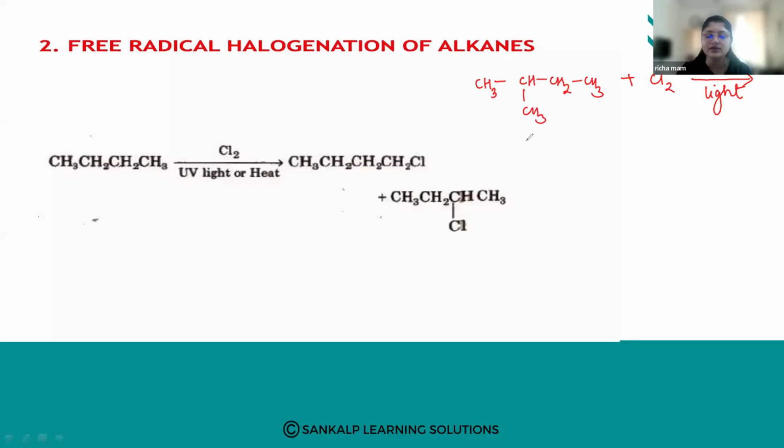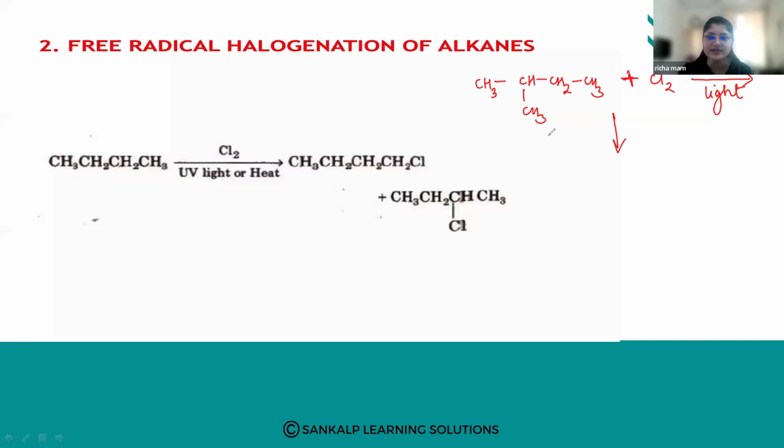First of all, is the structure symmetrical? Symmetrical means if you break it in the center, is it identical on both sides? No, ma'am. Okay, so how many possibilities of attack are there? Let us start.